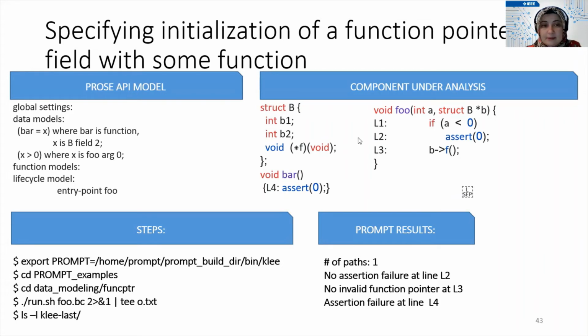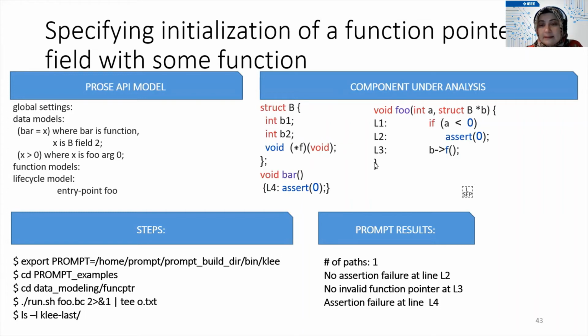And since we have actually initialized the f field of struct B for any instance, and we had only one because of this argument, this f corresponds to the bar function.